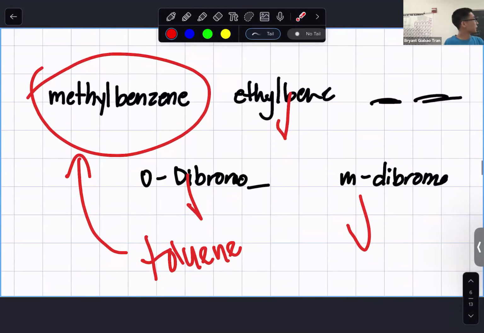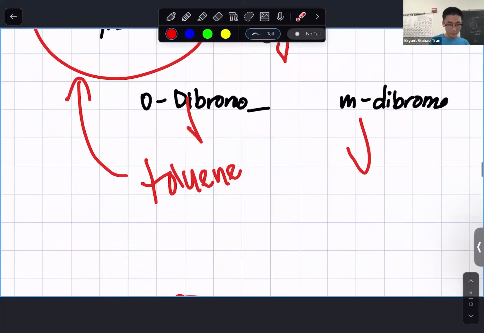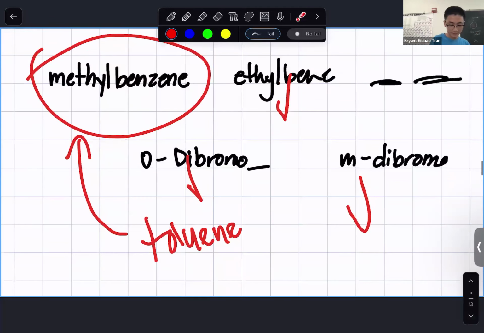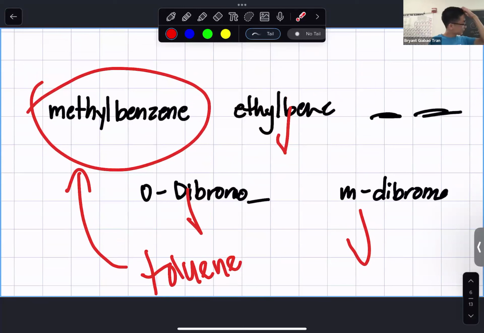And which one of these are wrong? I think this was wrong because the common name of that is toluene. There was one option, like ortho chloro bromo, or dichloro, like 2 halogens, and I said that one was wrong.